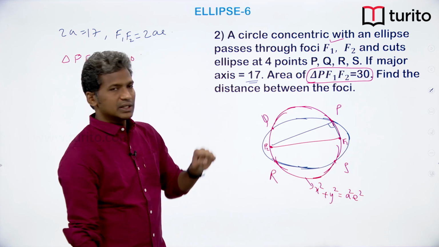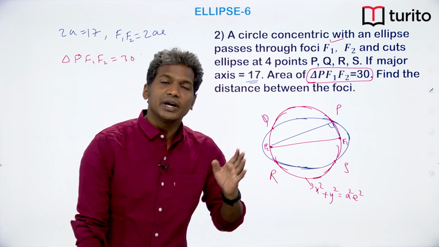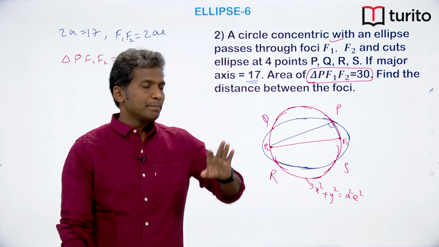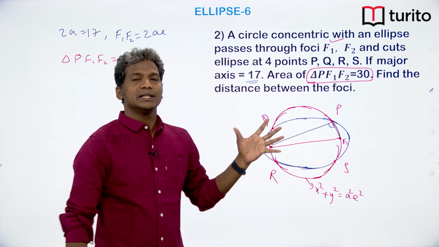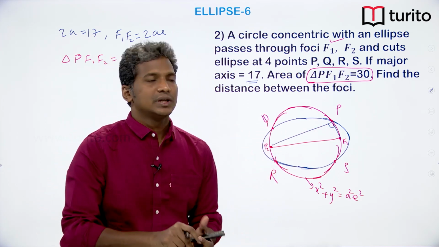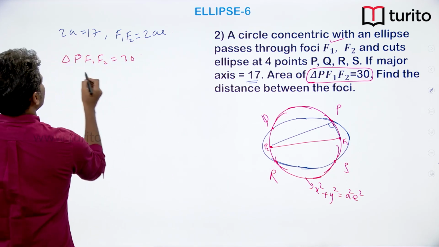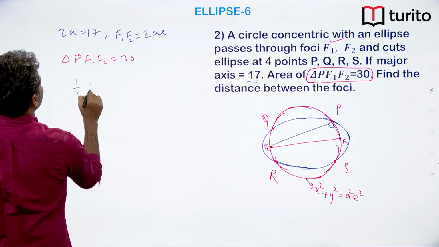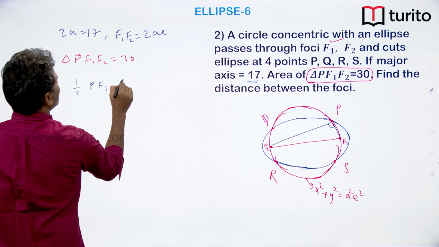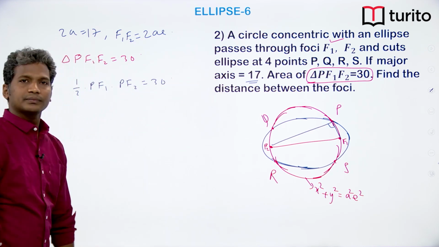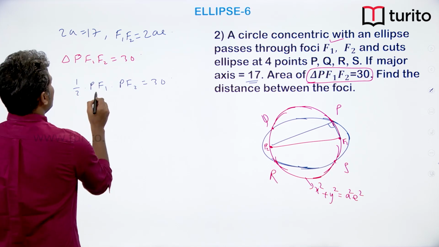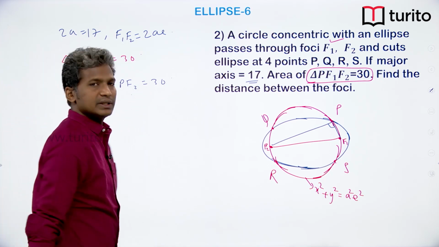So for the area of the triangle, if I use half base into height by taking PF1 as base and PF2 as height, then I can get the area. So half into PF1 into PF2 must be 30. That means PF1 into PF2 must be 60.